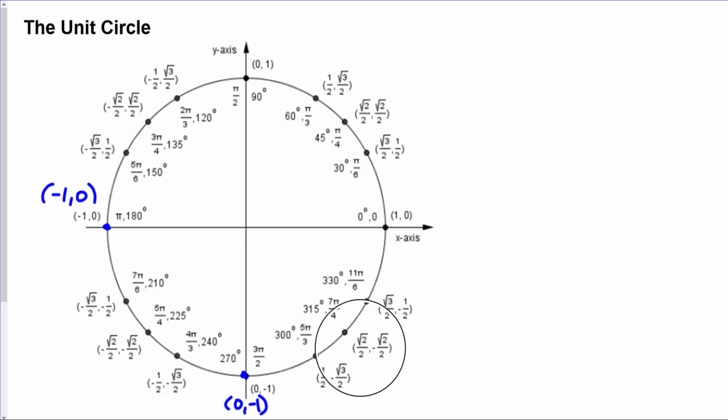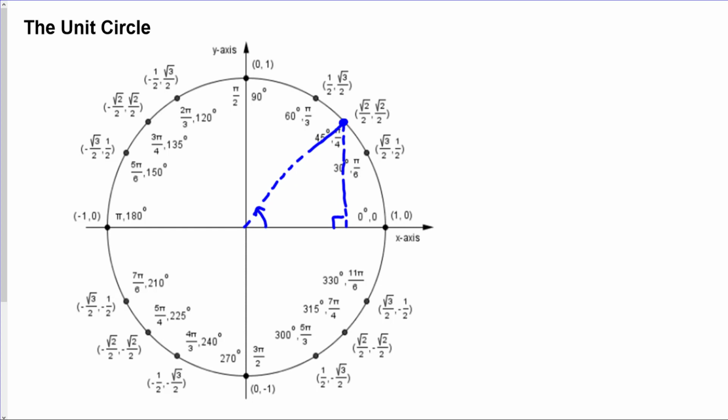Let me get rid of them so I can show you where the rest come from. Let's start with pi over 4. So this coordinate right here. So I can make a right triangle, and I'm making that right triangle with respect to the x-axis. That's always how we will do these things.